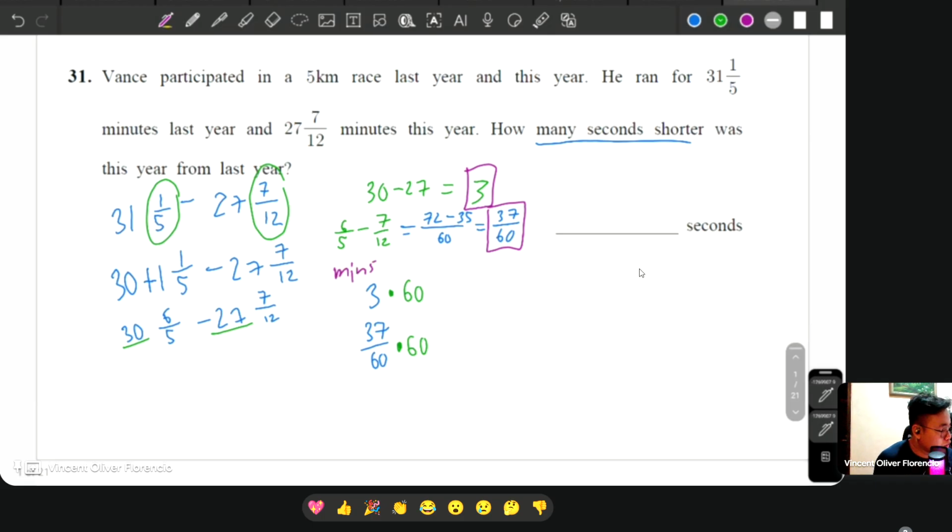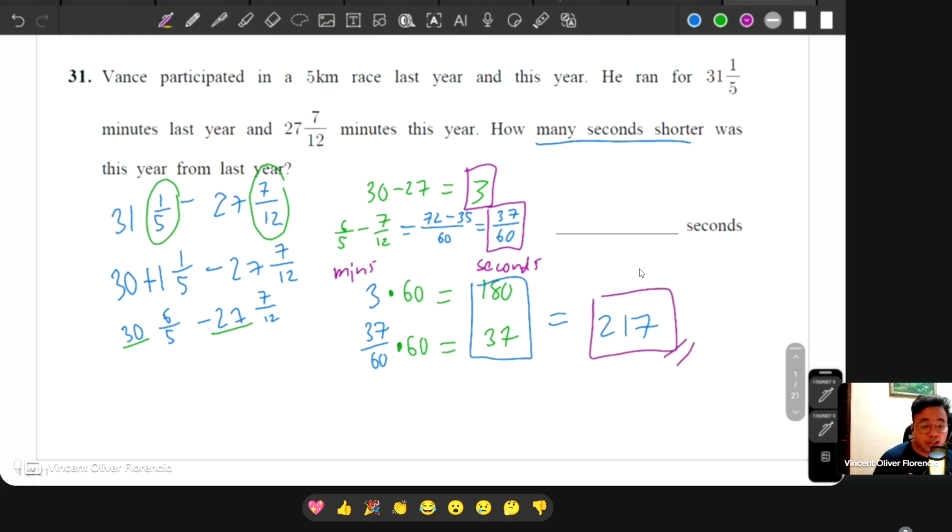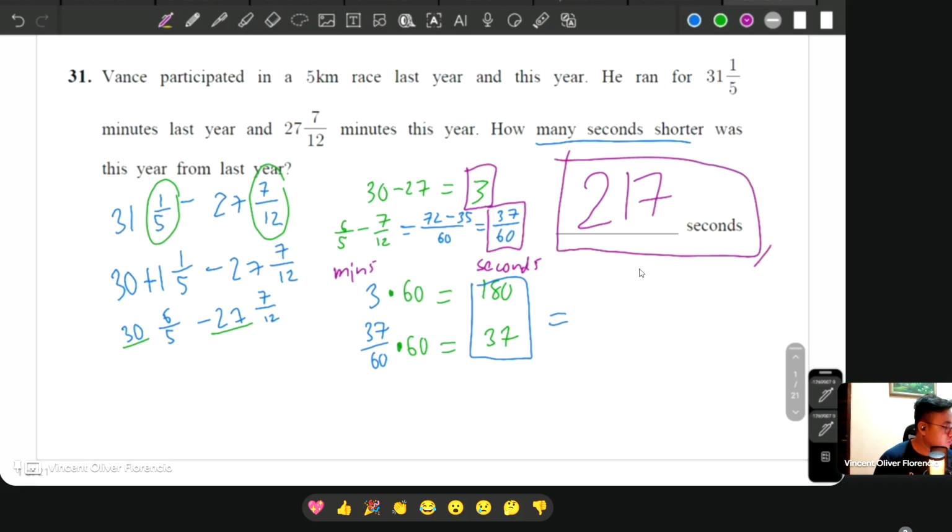This is going to be 180, and this is going to be, of course, 37, which is already in terms of seconds. If you combine these two, we will have 217, and that is our final answer. The answer is 217 seconds.